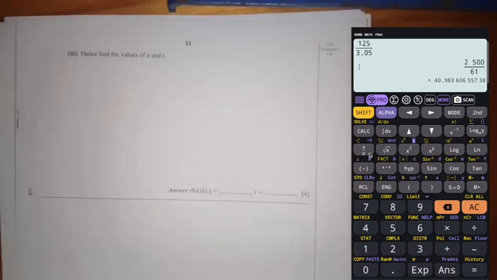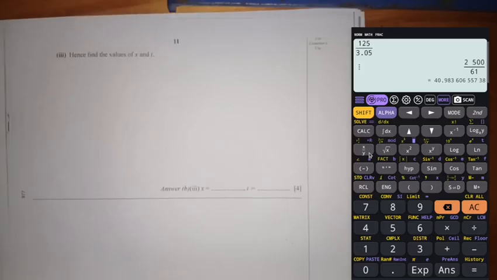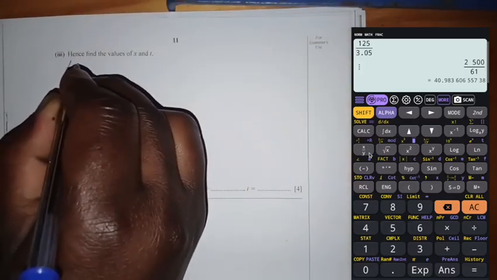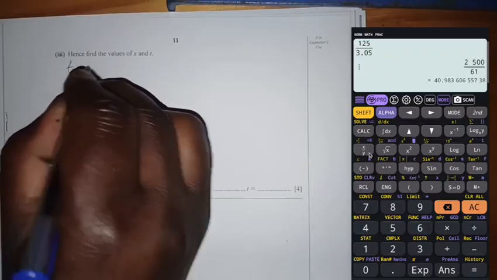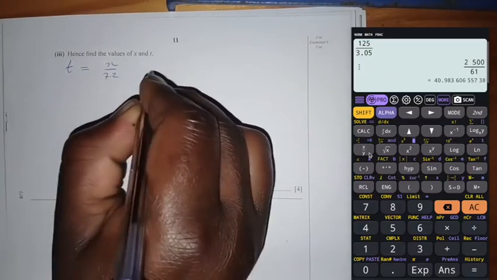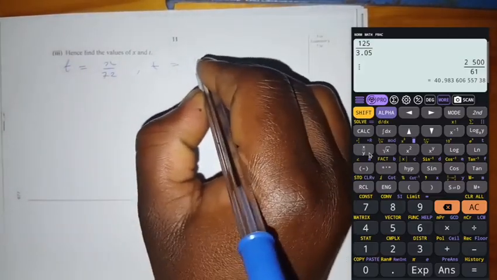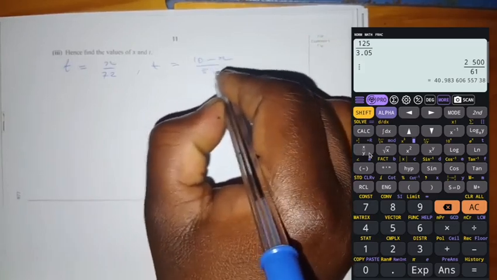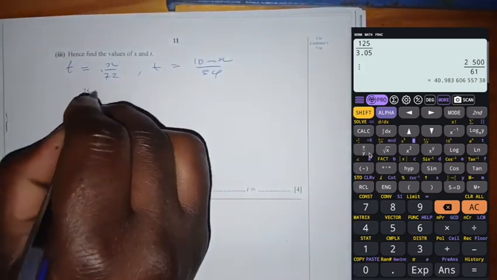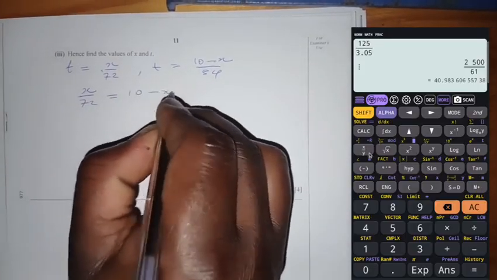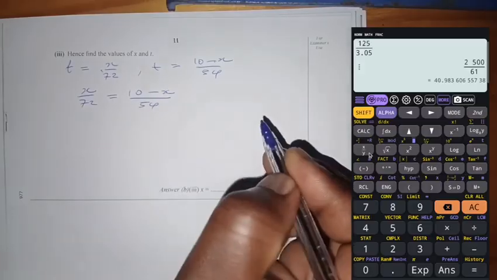Find the values of X and T. Given that the times are the same, the T for boat F is X over 72, and the T for the other boat, G, is 10 minus X over 54. So these are equal. In other words, X over 72 is equal to 10 minus X over 54.